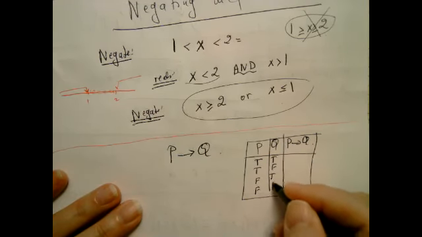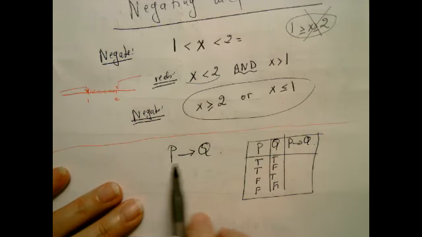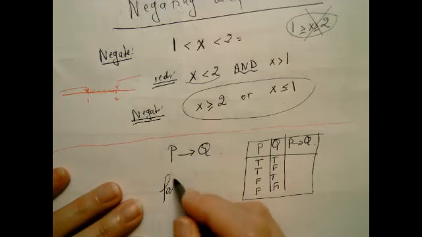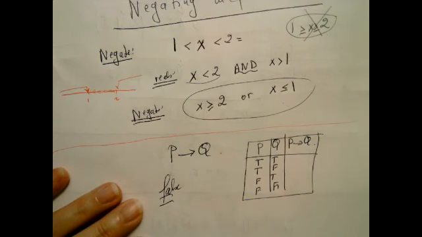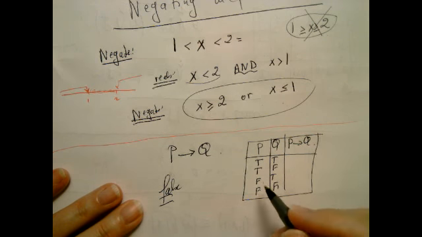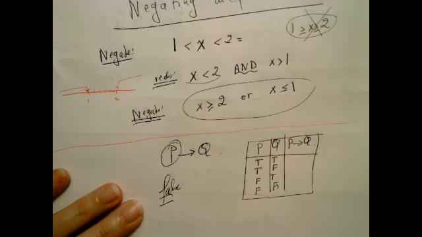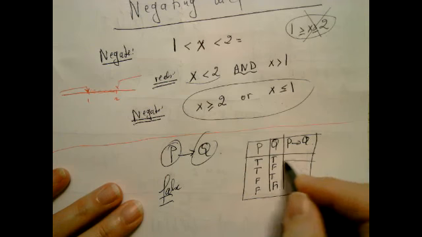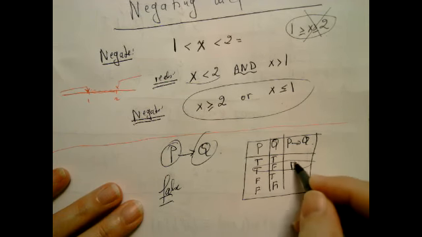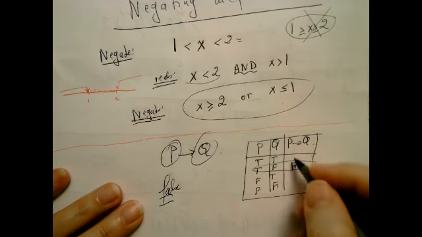When is if P then Q false? Anybody? Remember, you guys have almost memorized this stuff. If true, false. Yeah, it's false if the hypothesis, the premise, is true and the conclusion is false. So it's only false in this case. It's true everywhere else.